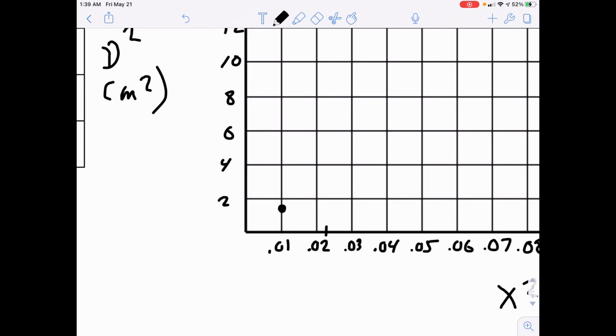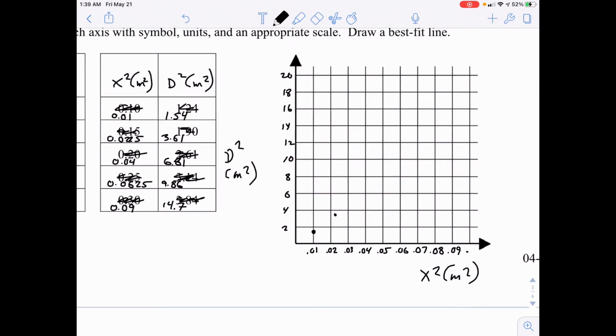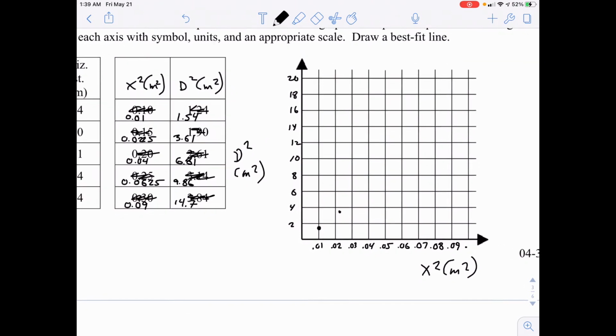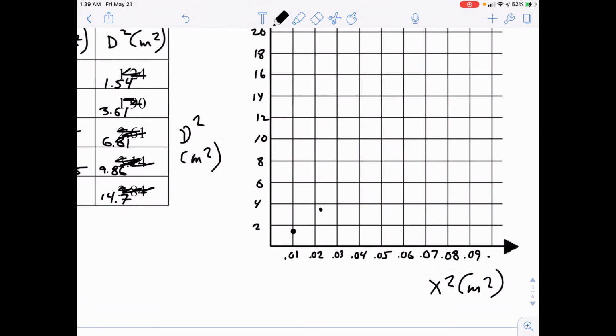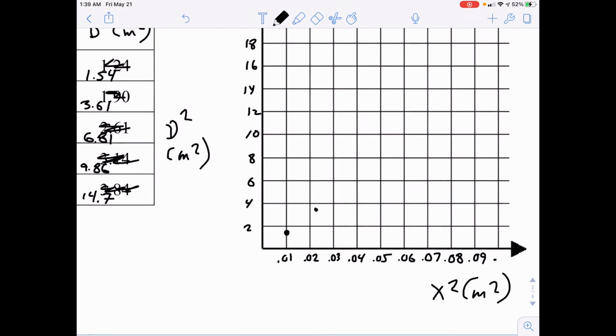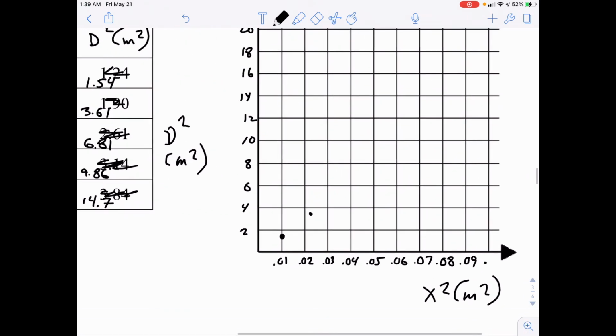This would be 0.02 and a quarter. So 0.02 and a quarter, and then 3.5, roughly about there. And then we're going to go over 0.04 and up almost 7, 6.8. So we're over 0.04. We're up to almost 7. So it'd be roughly about there.